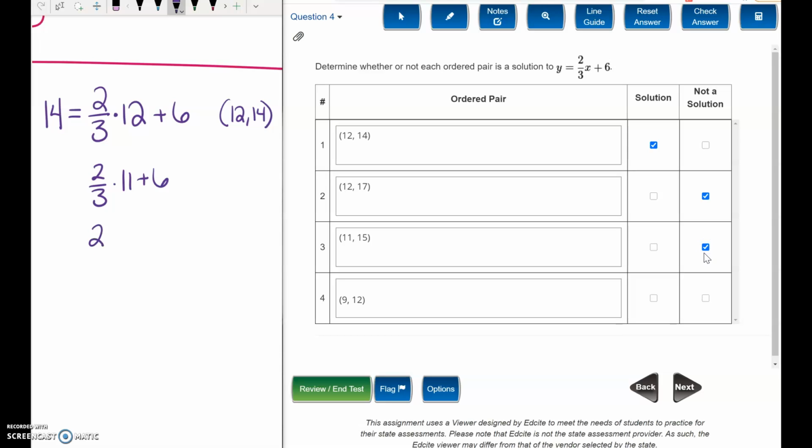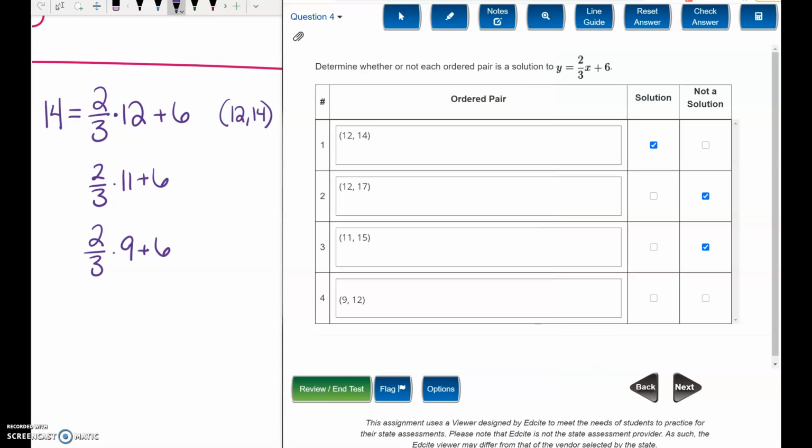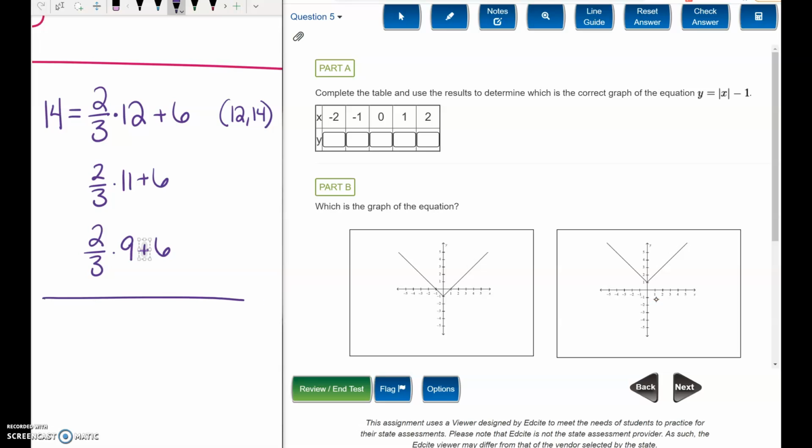And then I try plugging in 9. 2/3 times 9 plus 6. I get 12. 9, 12. That works. That is a solution. So you're just plugging in those x values and seeing if you do get the y value or not.